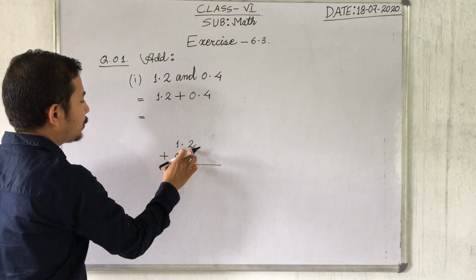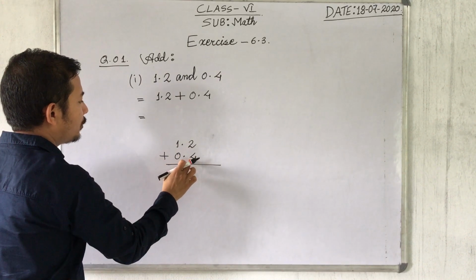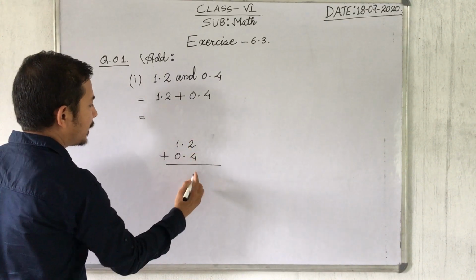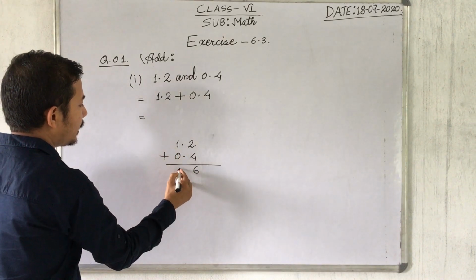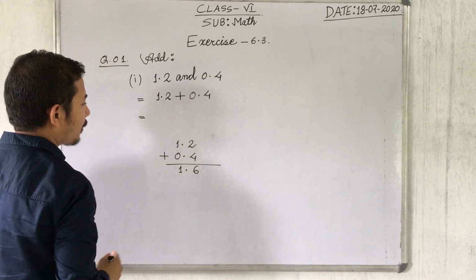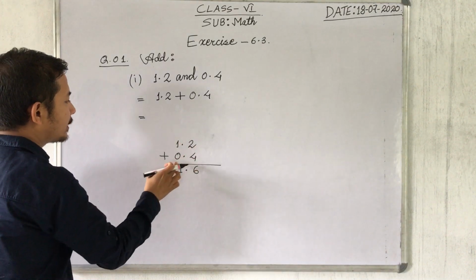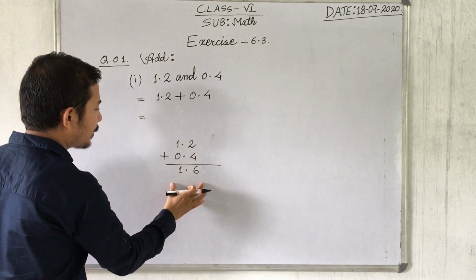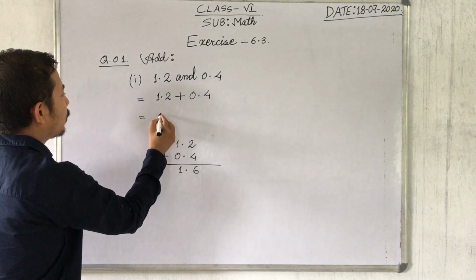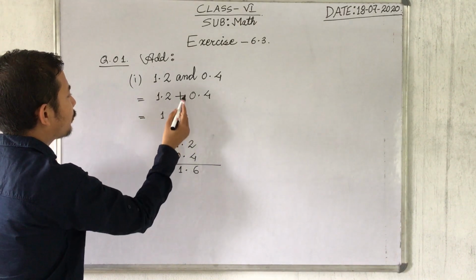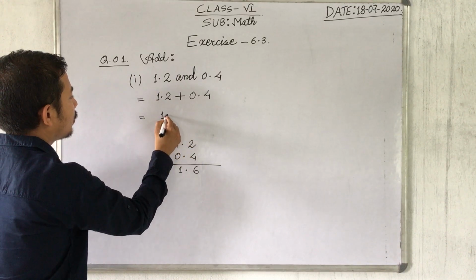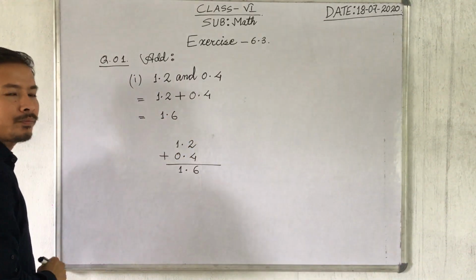Okay, 1.2, 0.4. So if we add 2 and 4, what will be? It will be 6. If we add 1 and 0, it will be 1 only. So after adding 1.2 and 0.4, we have got here 1.6. So the addition of the decimal numbers 1.2 and 0.4 is 1.6.